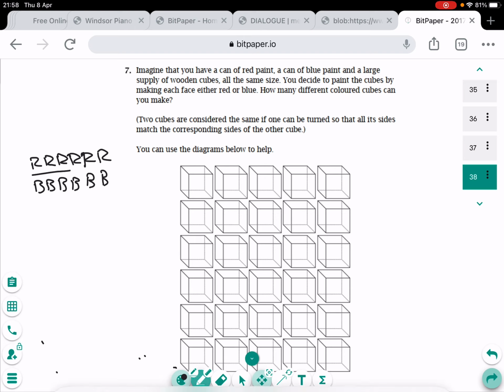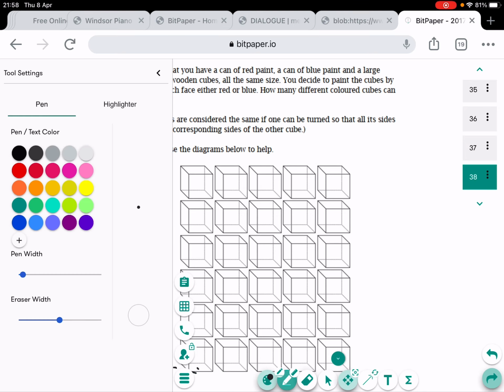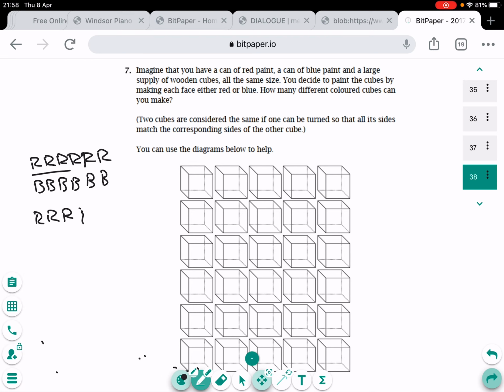So basically you just need to times it by 2. I'm actually going to write down 2, 2, 2, and red, red, red, and blue, blue, blue.